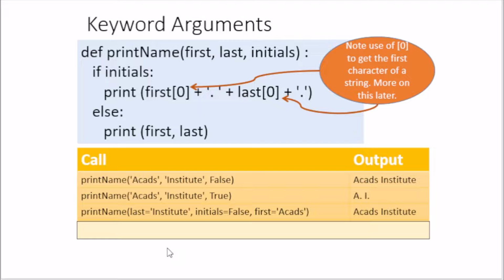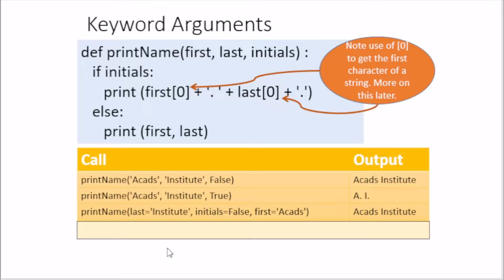Third, now here when we are passing, we are specifying the value along with the argument. That means I have written here last equals to institute, comma initial equals to false and first equals to ACADS.